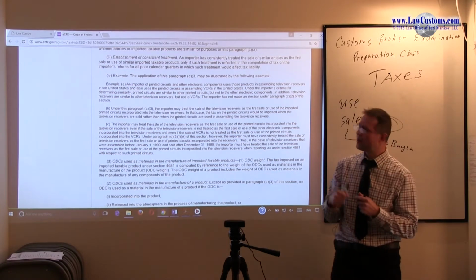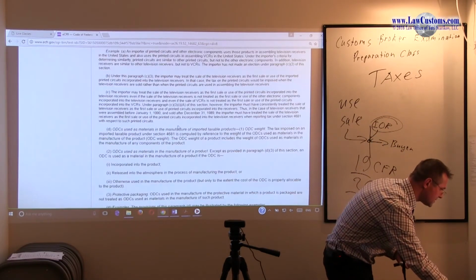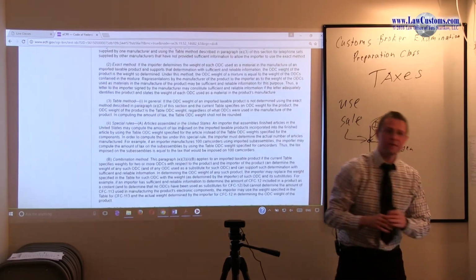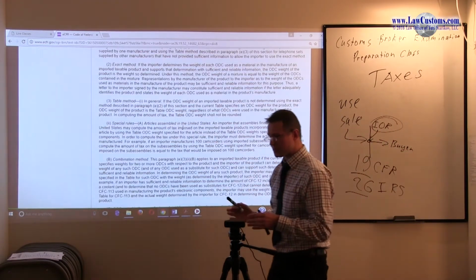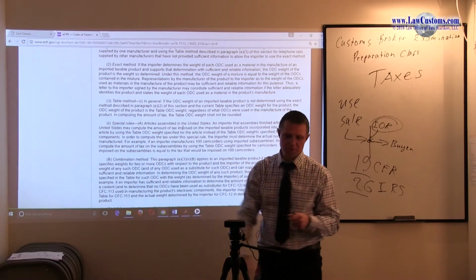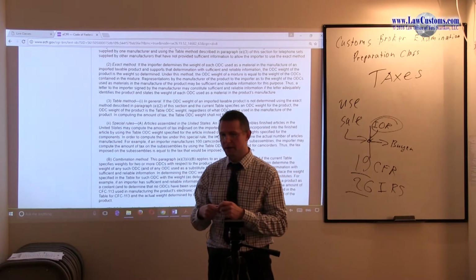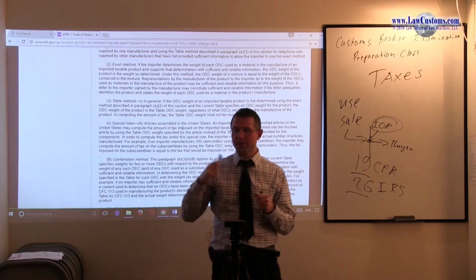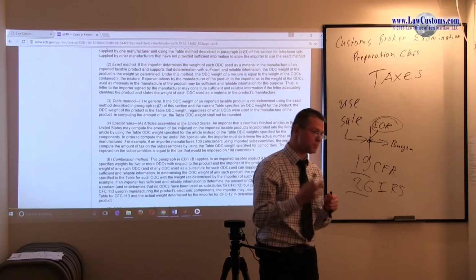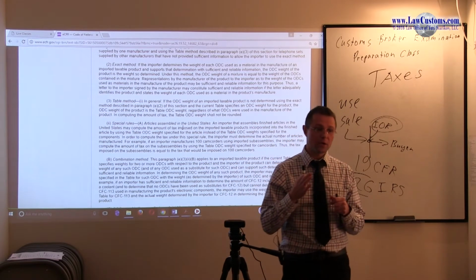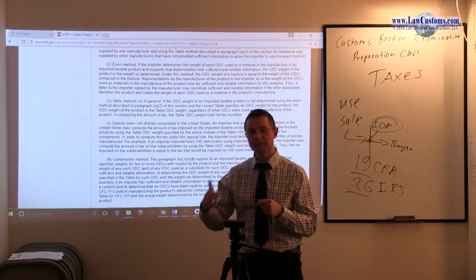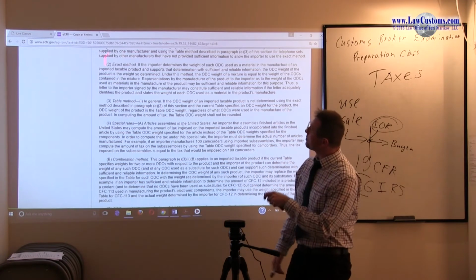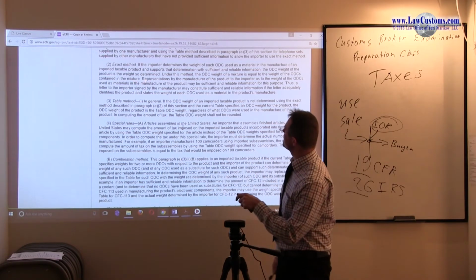But it's still their responsibility, and this has to do with presumptions, and this has to do with compliance, where you have to calculate the amount of ozone depleting chemical, or at least you have to take steps to figure out if this stuff applies to you, right? So number one, the way you calculate is through exact method, right?